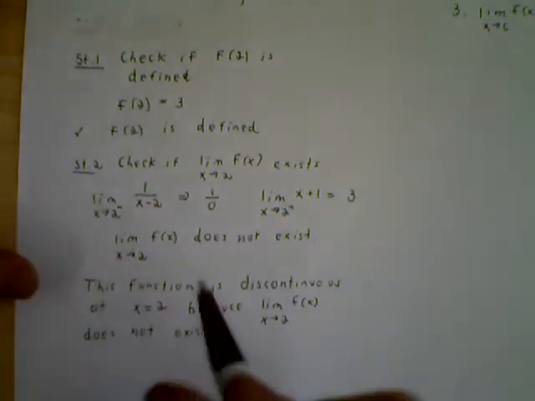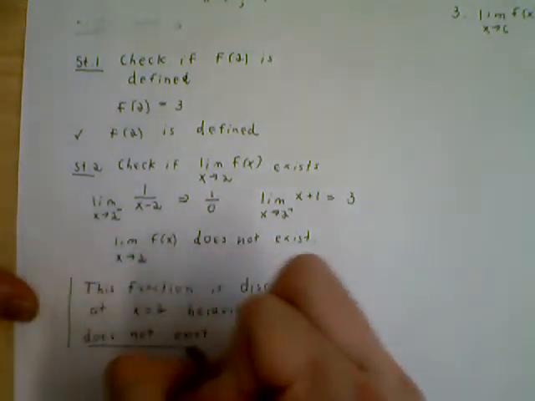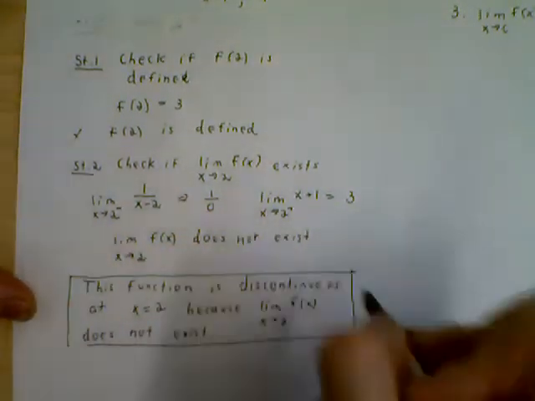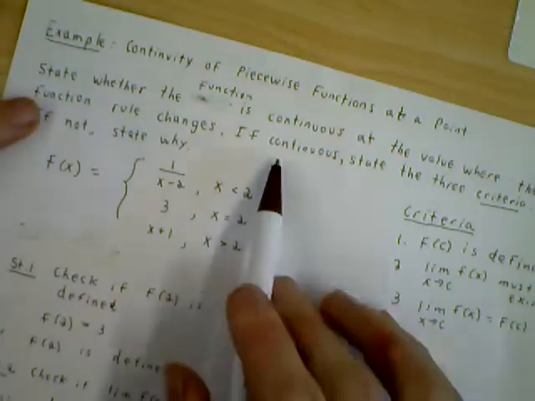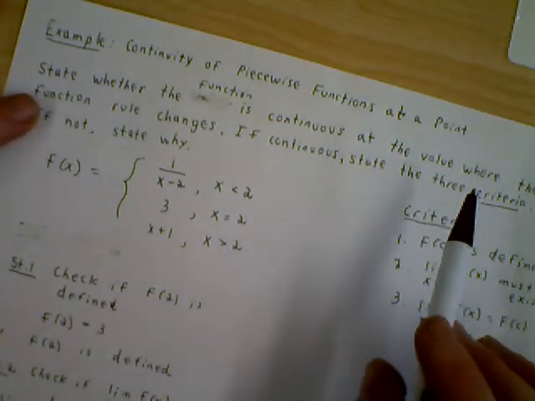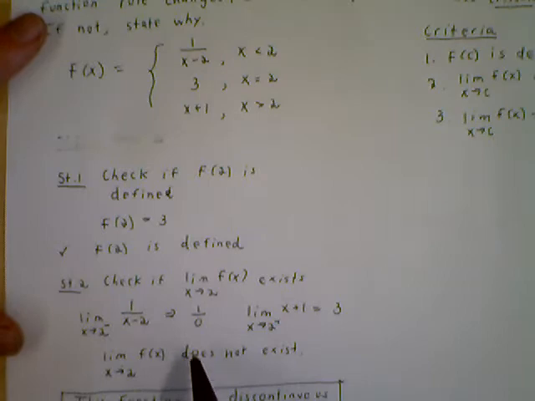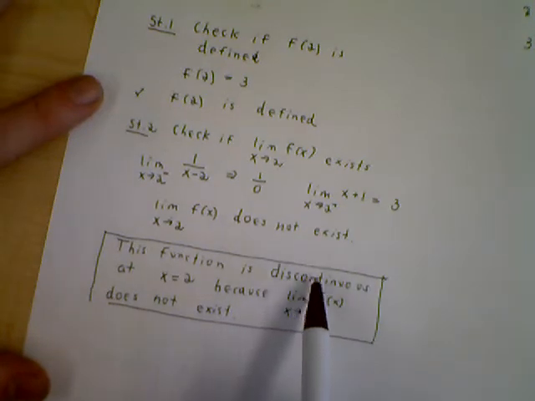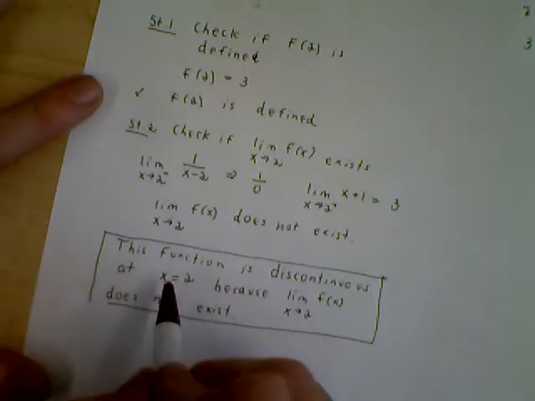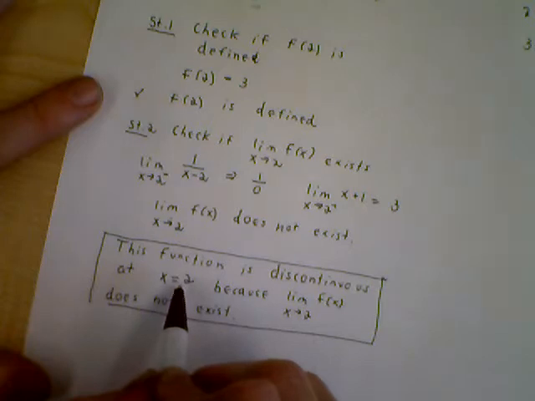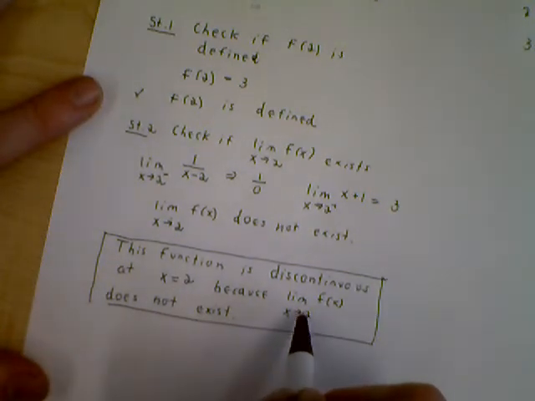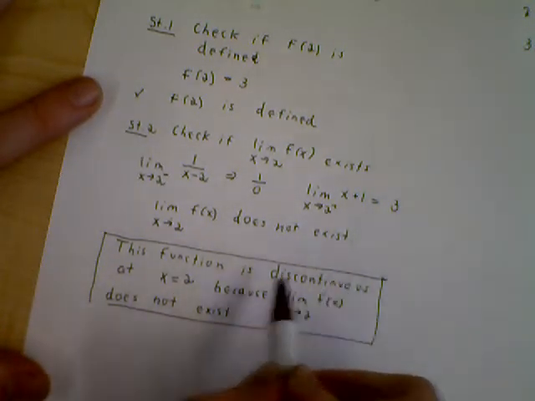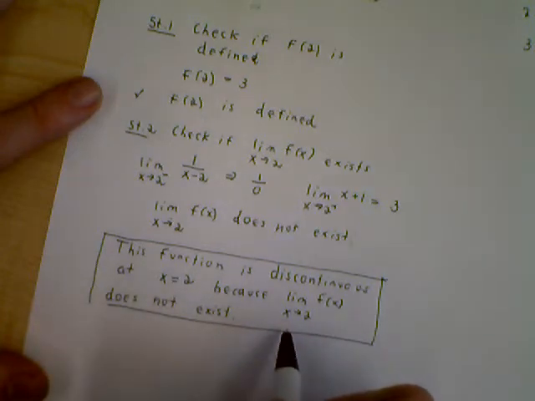Right here I'm going to box this. This is my final solution. Notice I said that if continuous, state the three criteria; we proved one of the criteria wrong. If not, state why. I stated that it's discontinuous, I stated where it's discontinuous, and I said why. So I said what, where, and why.